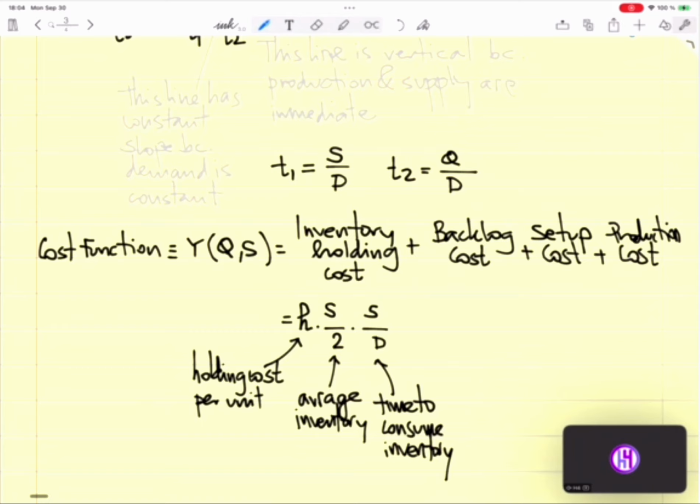And we have the frequency, D divided by Q. How often? Okay. So this is the inventory holding cost, plus the backlog cost.